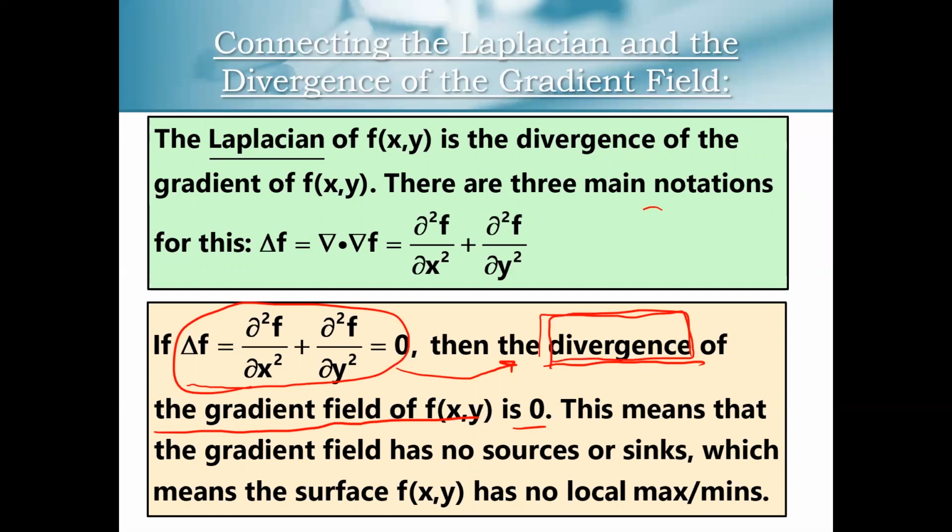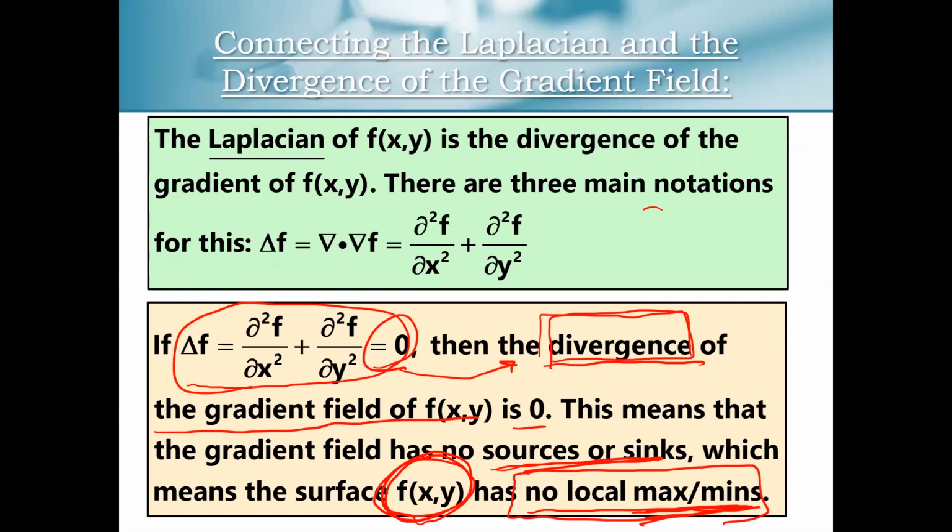Since we have a gradient field, it is associated to some surface f of x, y, where sinks and sources are correlated with maxes and mins. So if we have no sinks or sources, we have no maxes or mins. Long story short, if the Laplacian is equal to 0, that means that we have a surface f of x, y with no local maxes and no local mins.